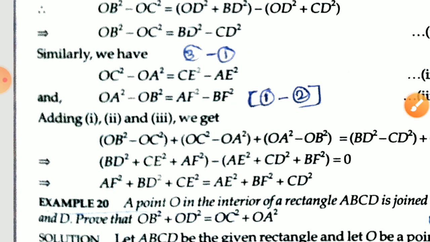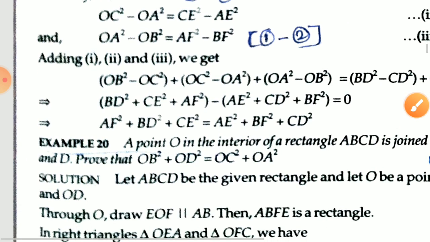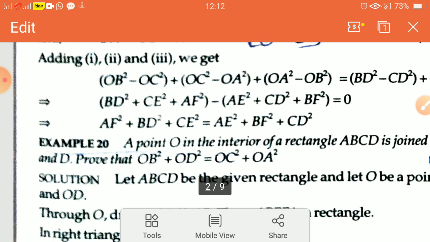And then here we will get BD square minus CE square plus AF square minus (AE square plus CD square plus BF square) is equal to 0.